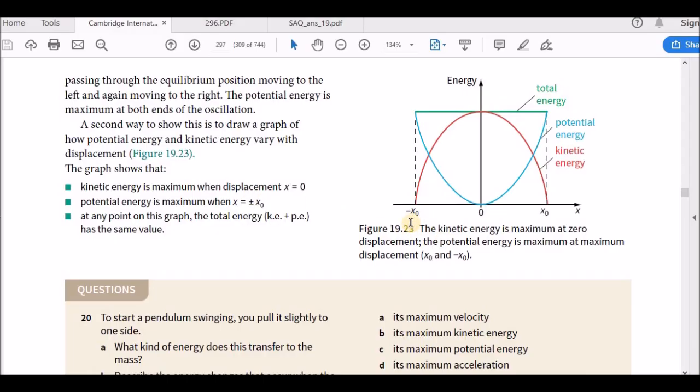At any point on this graph, the total energy, which is kinetic energy plus potential energy, has the same value. Kinetic energy is maximum at 0 displacement, and potential energy is maximum at maximum displacement.